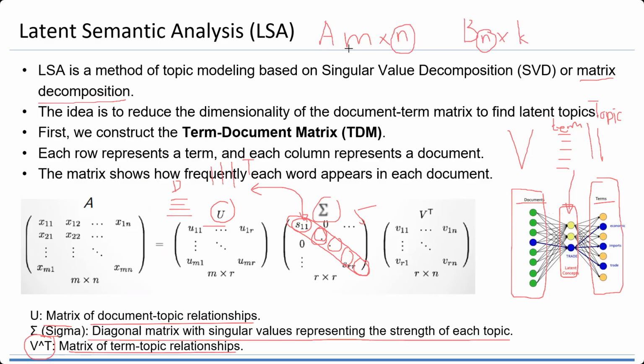So if it is row and column of matrix A, when you multiply with matrix P, the matrix P should have the number of rows equal to the number of columns of the previous matrix. Then we get C, which is M by K. So that's the idea about this matrix decomposition. So we want to find the importance of the topics.